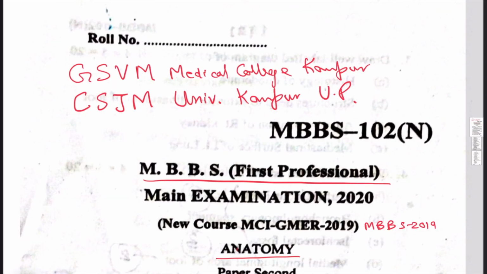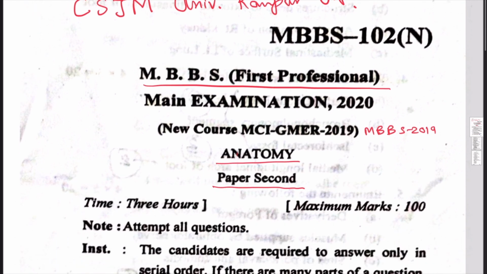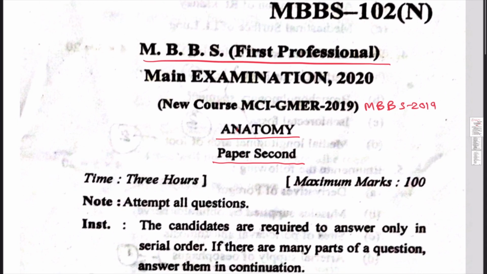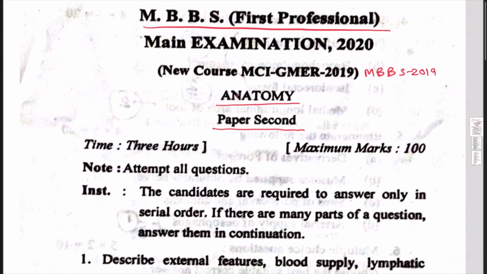This exam was conducted on 28th of January 2021. As you know, according to the new MCI GMER regulations, this pattern of examination changed a little from the 2019 batch, and this is going to continue further. This question paper is of 3 hours and 100 marks.